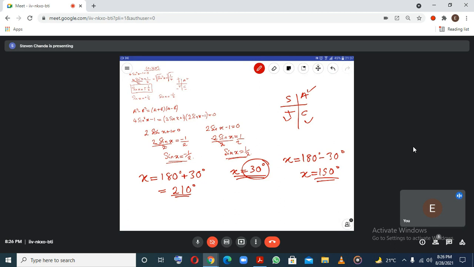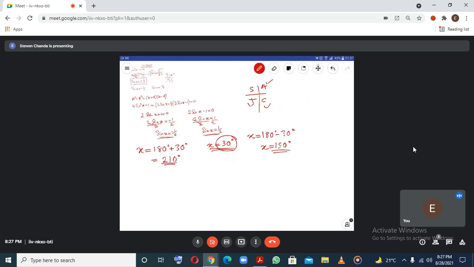Okay, so it's going to be 210. Okay, then how do you find an angle that's in the fourth quadrant? In the fourth quadrant, you say 360 minus 30. Great, so that's 330.